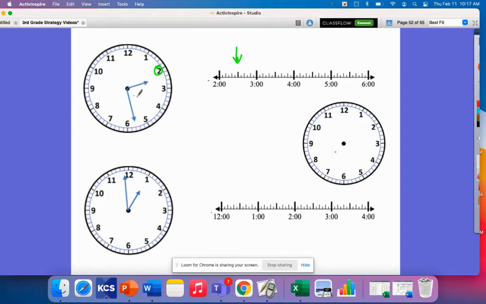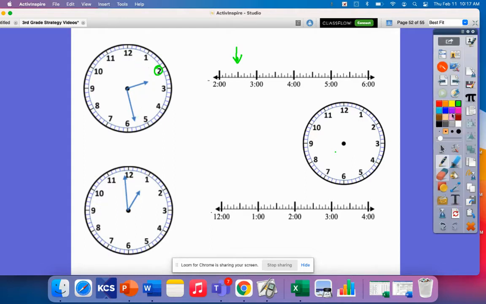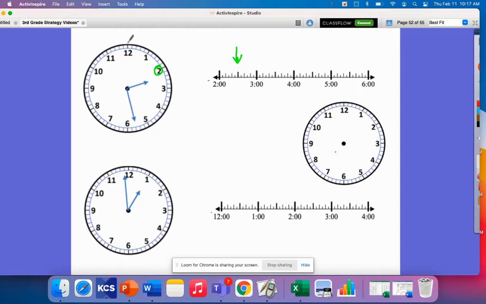Now I'm going to go back and look at my minute hand. To find out where it is, I'm going to think back to where this starts at 12 o'clock here. Each one of these sections represents 5 minutes.